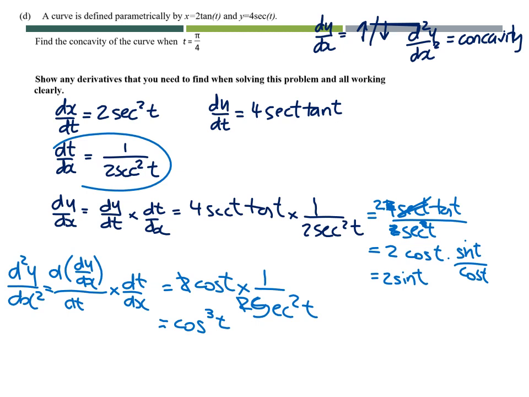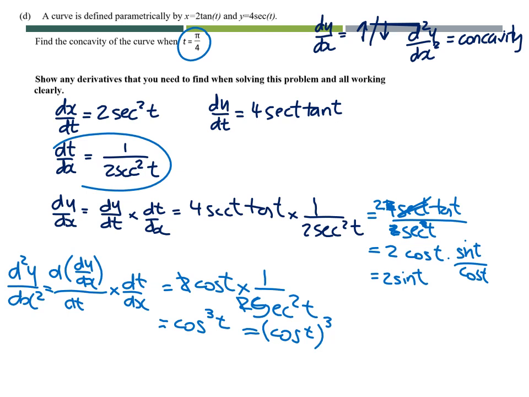Cos cubed t, and all I've got to do now is find when t is pi over 4. On your formula sheet, cos pi over 4 happens to be 1 over root 2. Is that right? Just for those that are looking a little blank, cos cubed t is the same as cos t cubed.